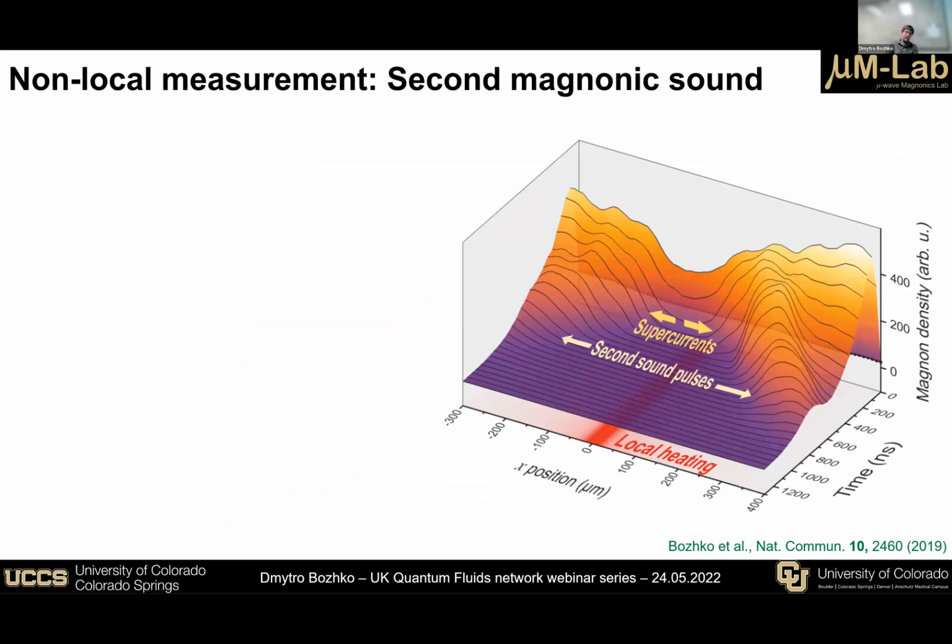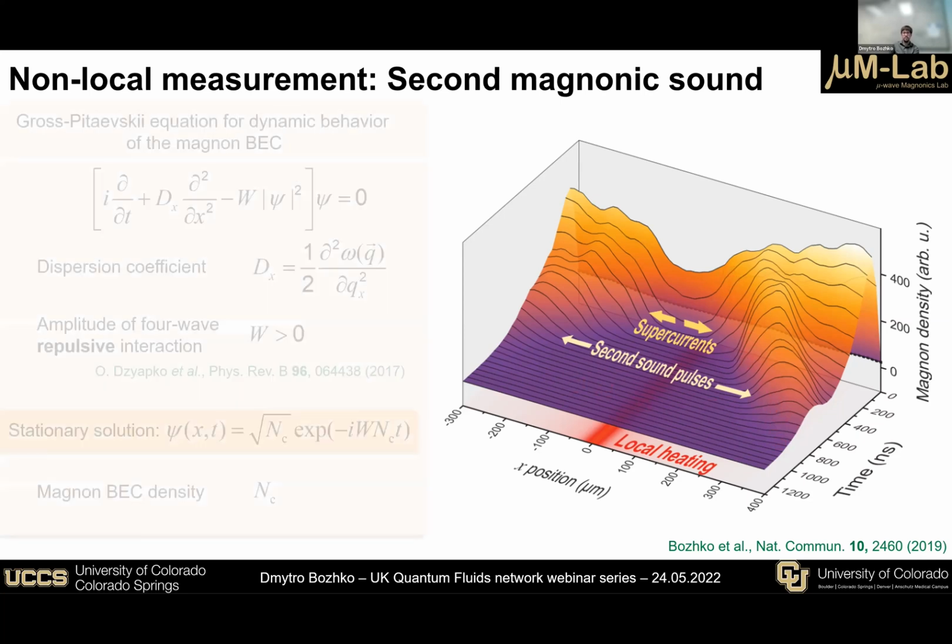Just to give you that movie as a static picture, so that you can see how the propagation happens. The initial push from the local heating happens in the form of supercurrents, but then outside we have a secondary excitation of the condensate, which is a second sound pulse.